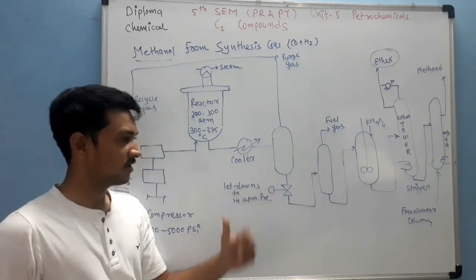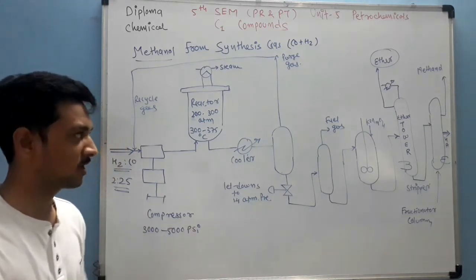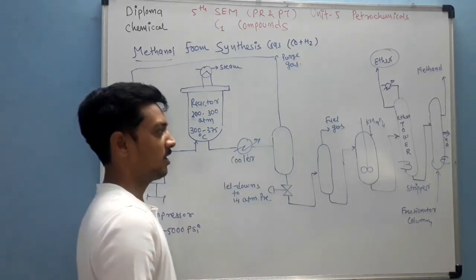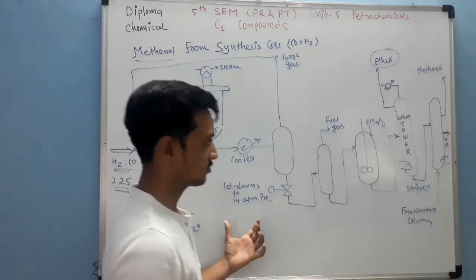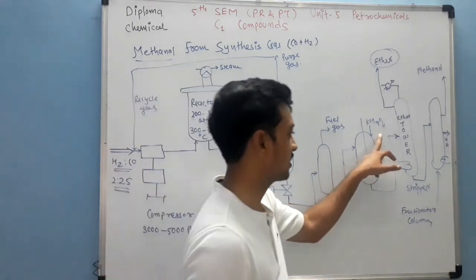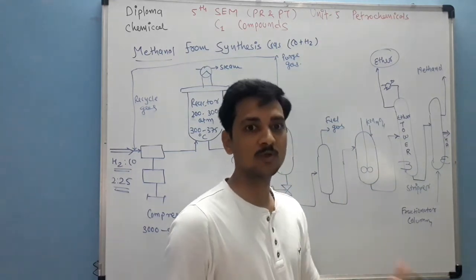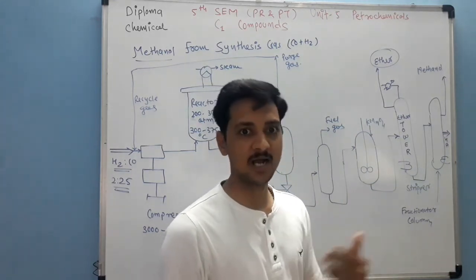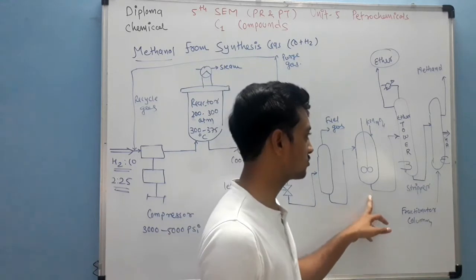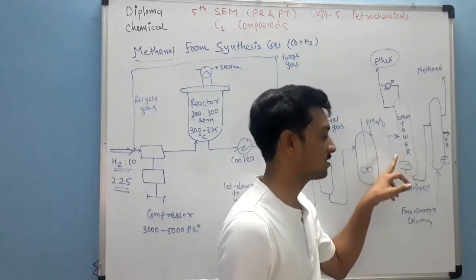From that, it goes to the purifier to remove impurities, with the help of KMnO4. Then to remove the light ends like dialdehyde ether, it goes through the stripper.